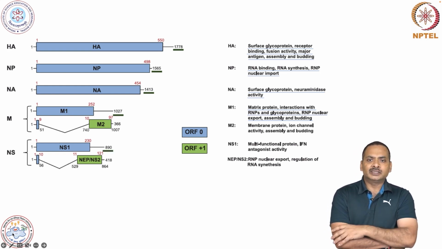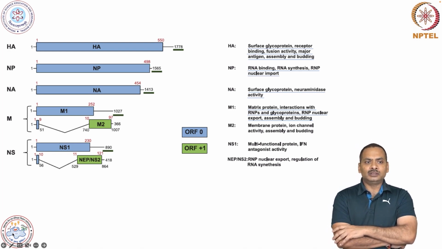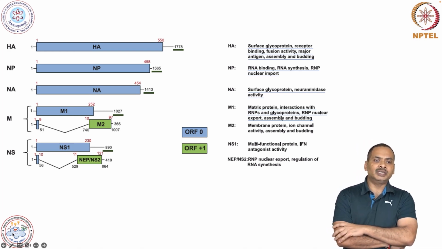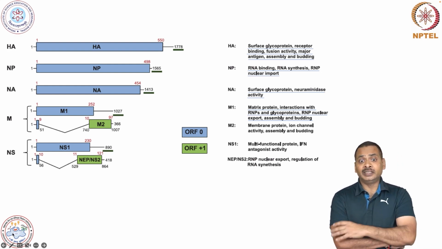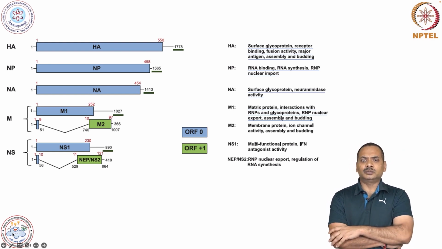The last protein is NS1 protein, non-structural 1 protein, and it encodes two polypeptides. One is basically 890 bases. So NS1 is a multifunctional protein.